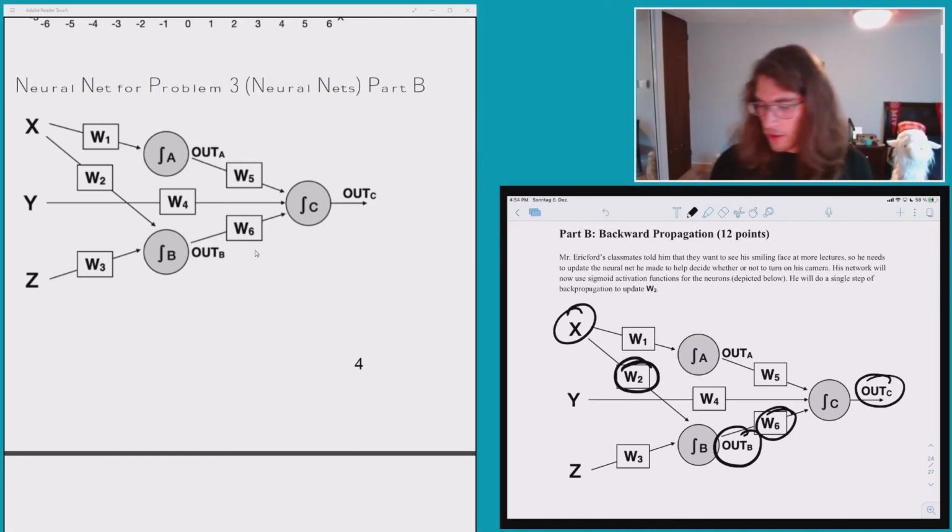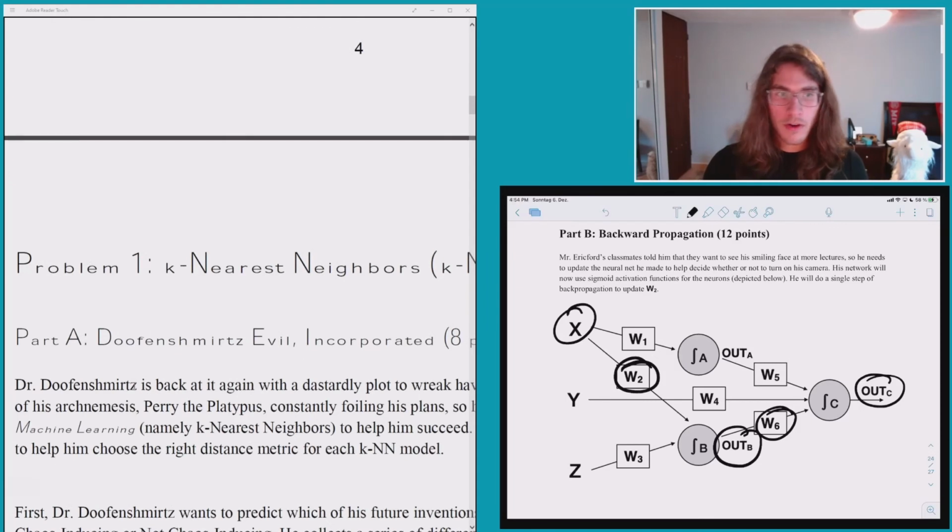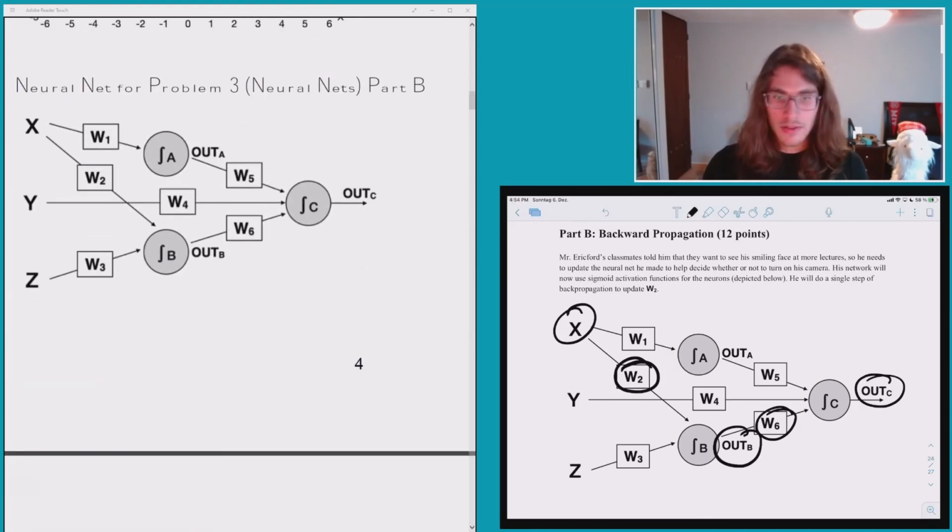And so that is actually the list of terms that I need for this calculation.